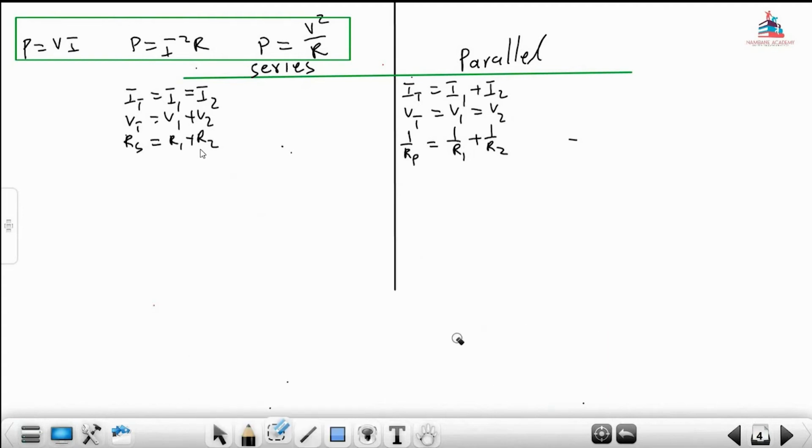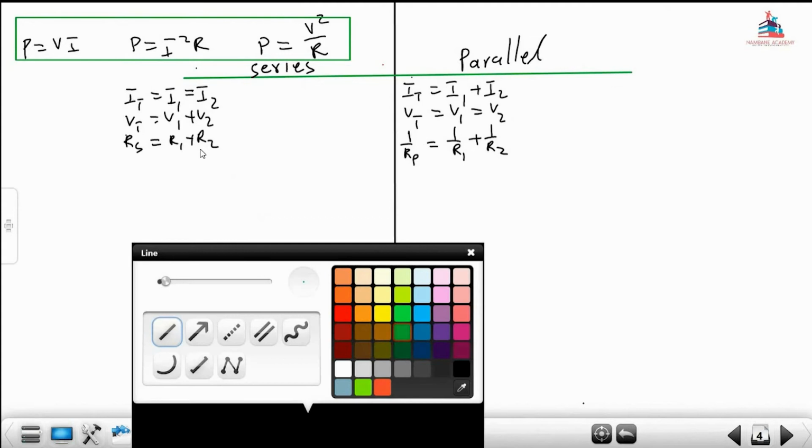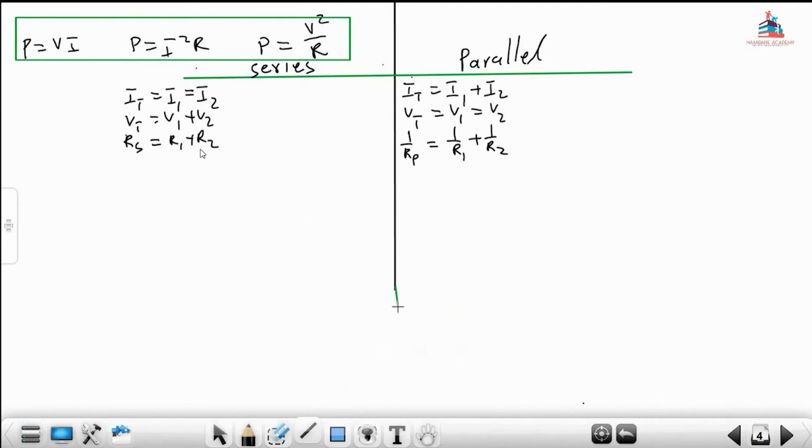But if this is the case, when I have my resistors in parallel or even in series, then one can easily be in a point of saying, okay, I have this information. How does it assist me in terms of understanding the concept of power? How do I know which equation will be applicable in this instance?